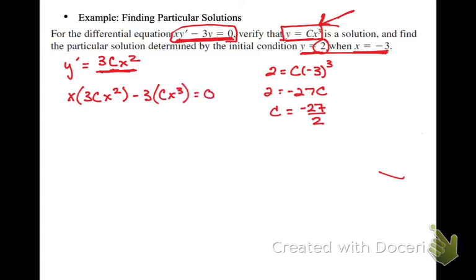You see why I said come back here? Because this is 3cx cubed minus 3cx cubed equals 0, and 0 equals 0. Was that much easier to do? We could have done it the way we were doing it, but were we making that really hard? Yes.